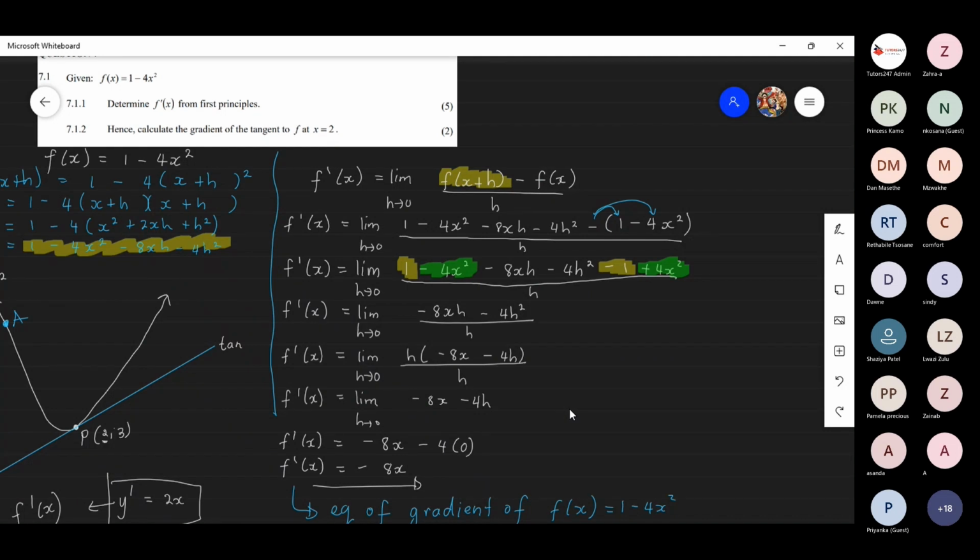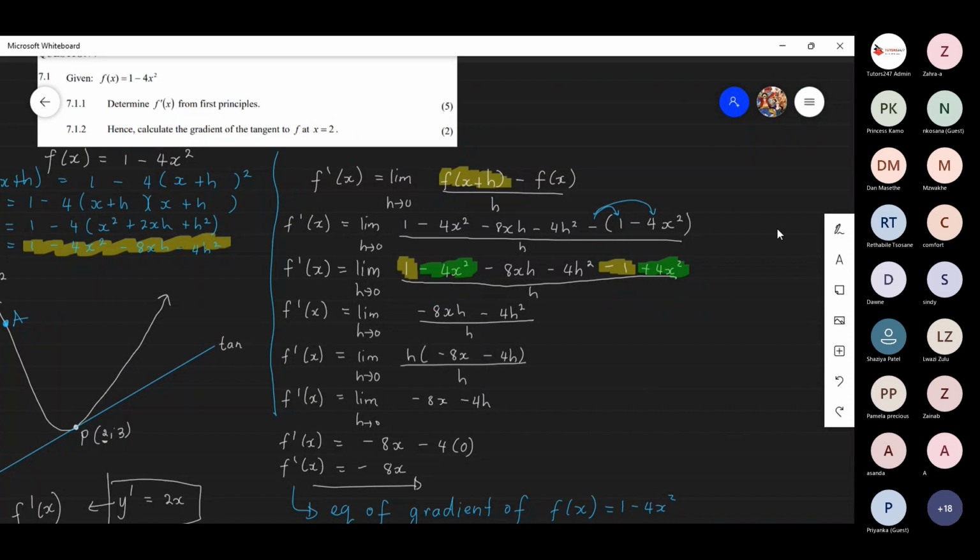In this particular question, we do not need to calculate the equation of the tangent. We only need to calculate the gradient of f at x equals 2.